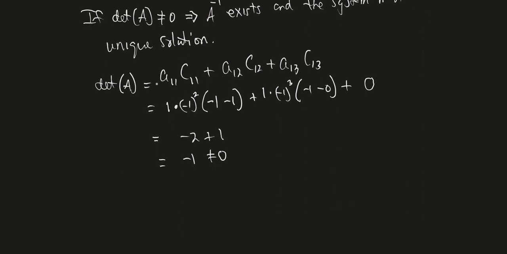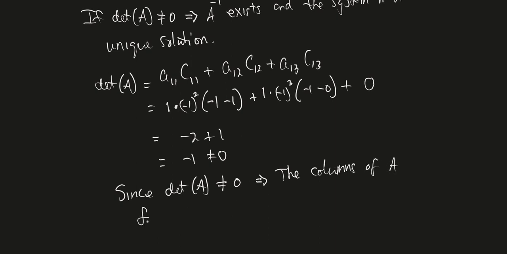We can make use of determinants and invertibility to answer this new question. Since the determinant of A is not equal to 0, this implies the columns of A, which are my original vectors, form a basis for R3.